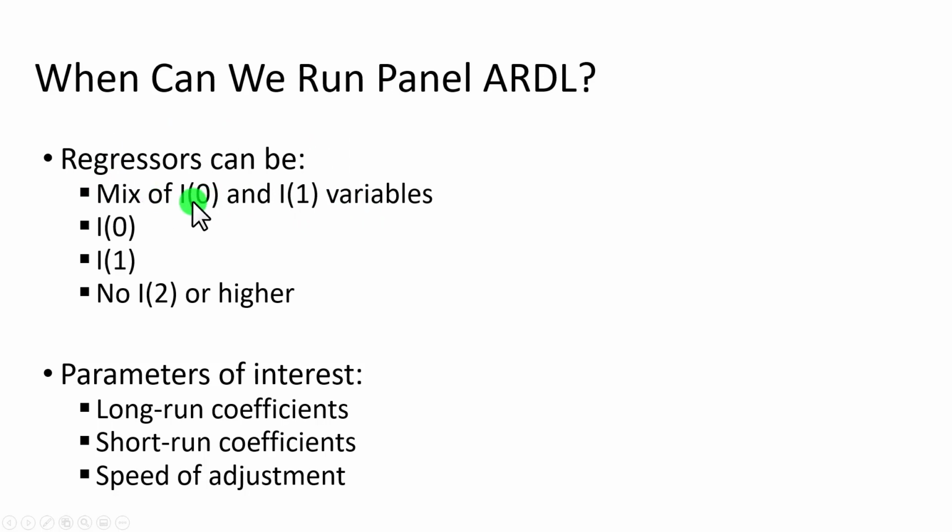In other words, variables that are stationary at level and those stationary at first differences. They can also be all I0, all I1, but certainly nothing I2 or greater. And the parameters of interest are going to be the long and short run coefficients, and importantly, the speed of adjustment.